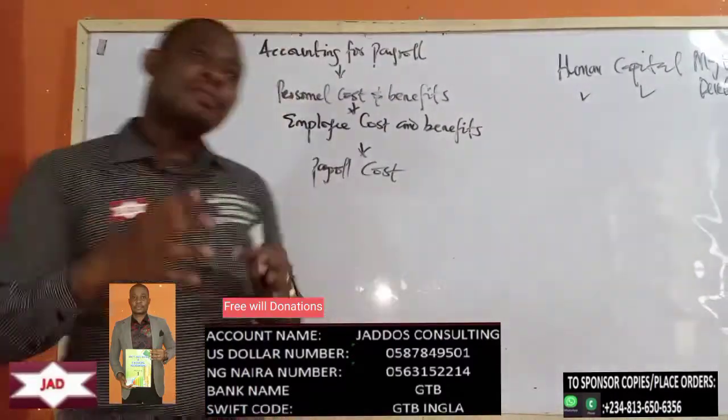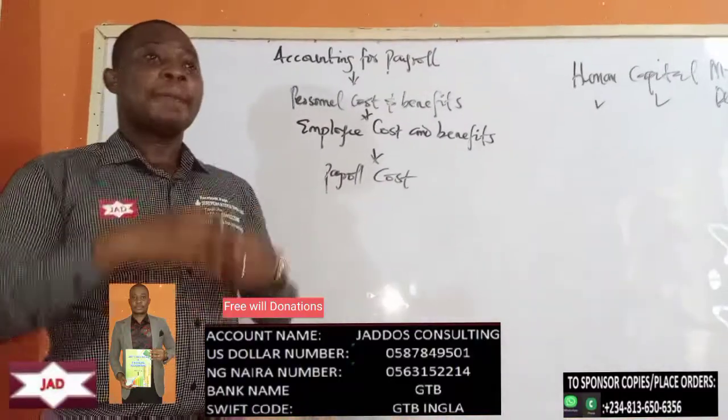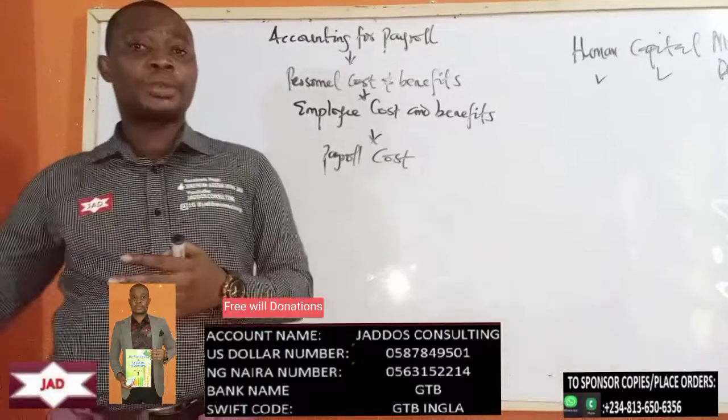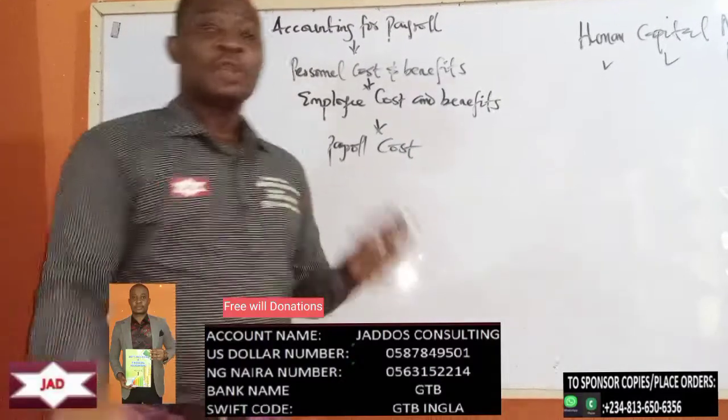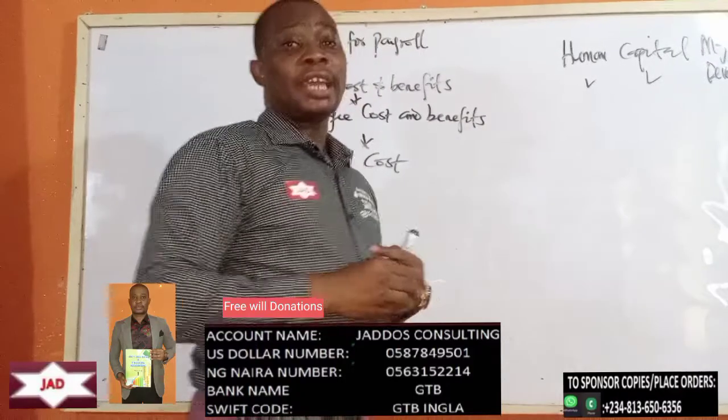But at the end of the period, which is usually the month, where payment is to be made, usually the computation starts from the human resource department, then flows maybe to the internal control unit, then flows to the accounts unit, after vetting and all that.